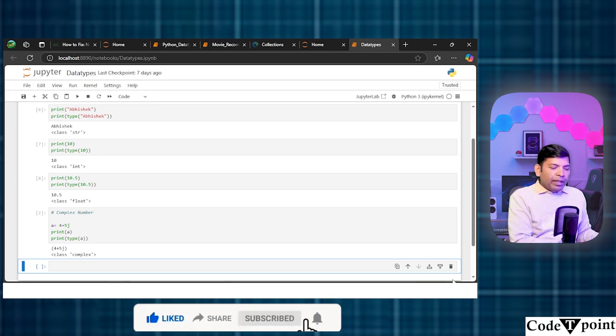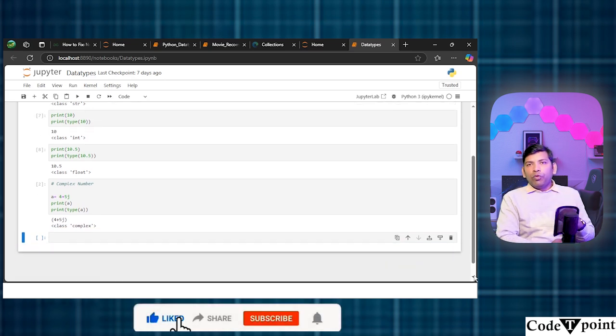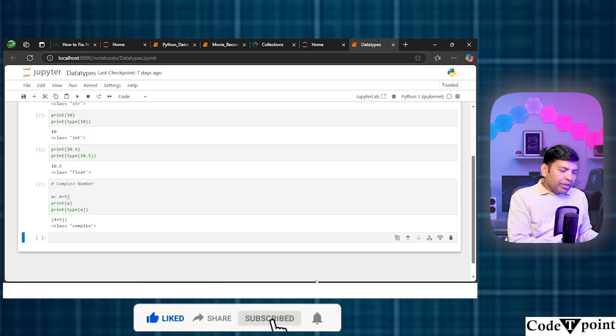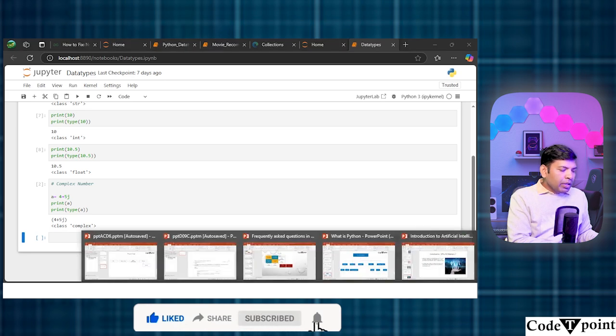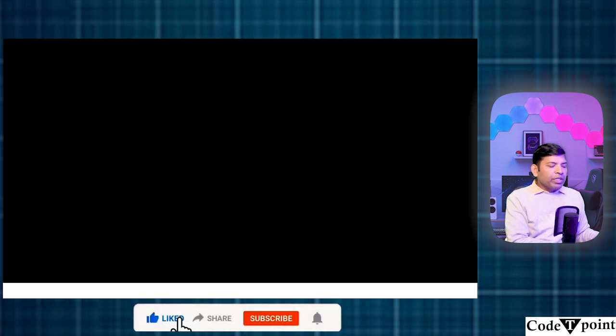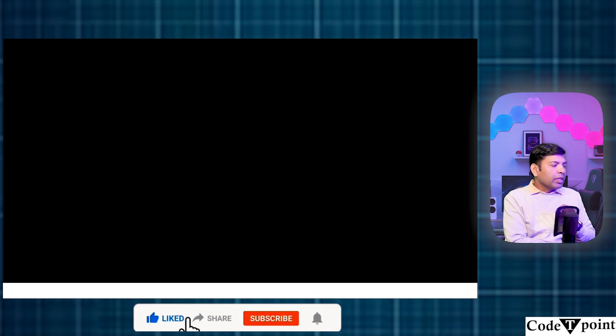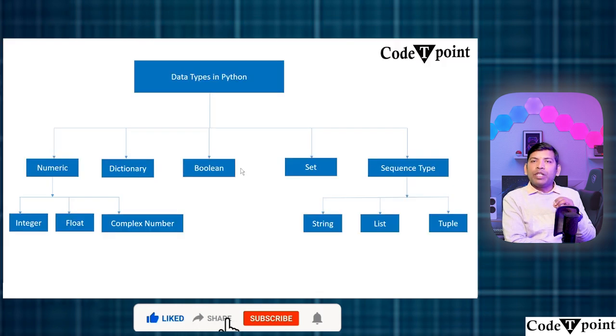Now let's go ahead and discuss one more data type, which is a list. This is a sequence data type, and in the sequence data type there are 3 categories. One is list, second is string, and third one is tuple. So I'm going to discuss the first of them, which is a list.